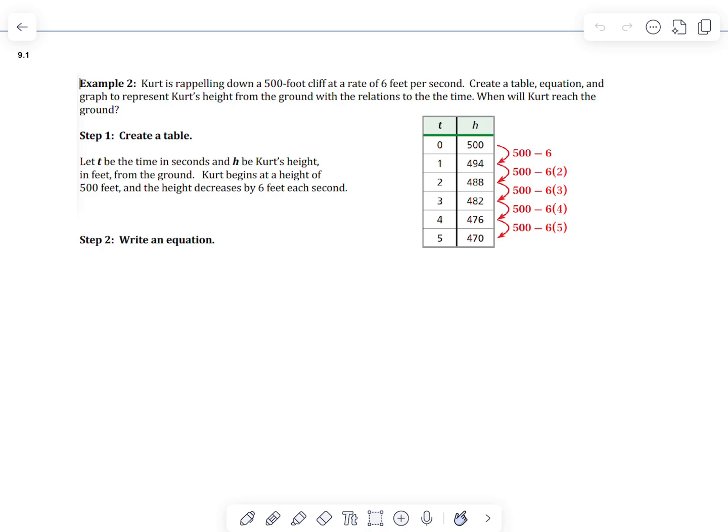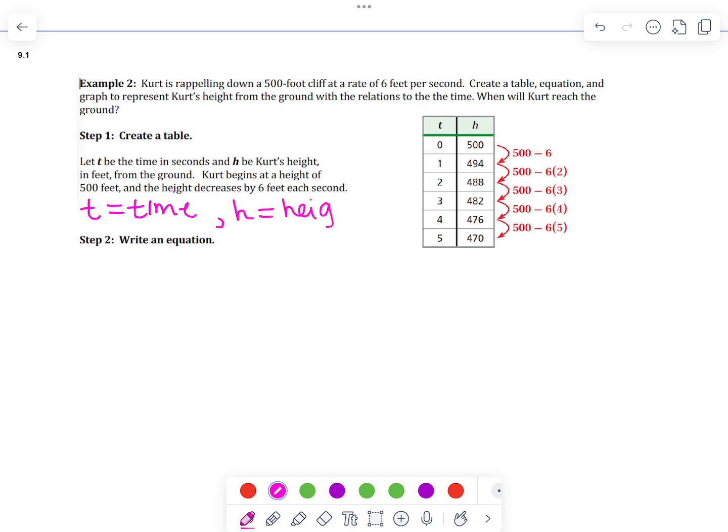So the first step is to create a table. We want T representing the time in seconds, and H representing the height in feet.